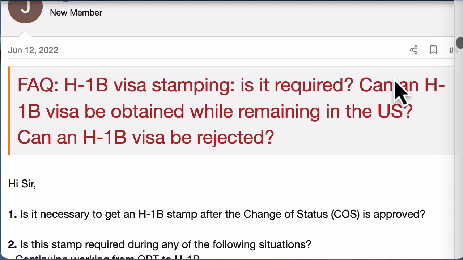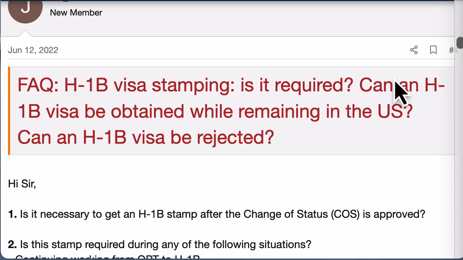Now, it's important to understand the concept of a visa. A visa is a permission for you to enter the United States. So the only time it becomes relevant is when you travel outside the US, because then you need to re-enter. So a visa is a permission to re-enter the United States after you have been abroad.